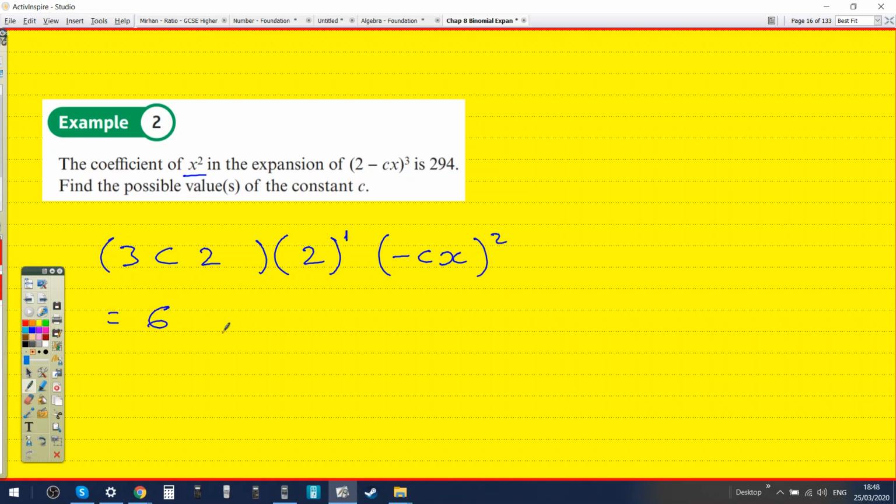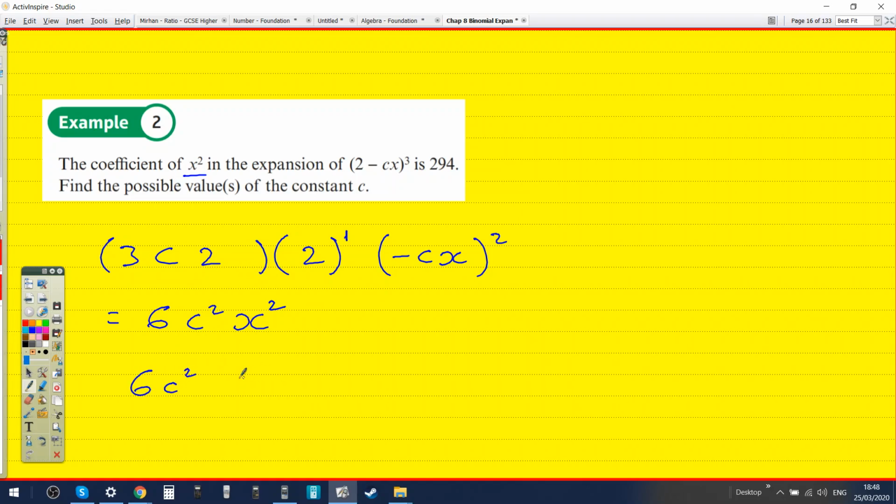And then we do 6 times c squared x squared. Well done. And then, so the coefficient of x squared is 6c squared. Well done.